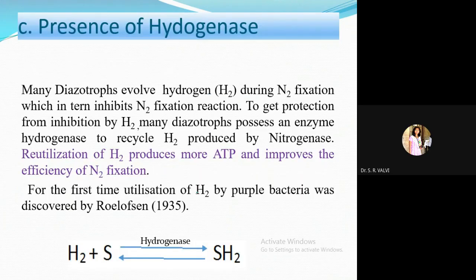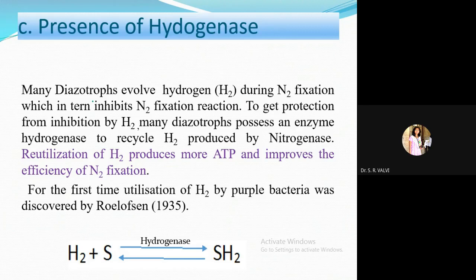Now next is the presence of hydrogenase. Okay, so till here we have seen the special features of diazotrophs. The first point was the site of nitrogen fixation. The second point was the presence of nitrogenase, and the third point is now the presence of hydrogenase. Now what is the main role of this hydrogenase? See here, many diazotrophs evolve hydrogen during nitrogen fixation, which in turn inhibits the nitrogen fixation reaction.